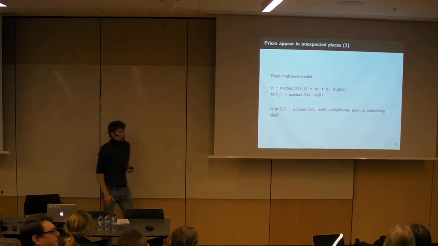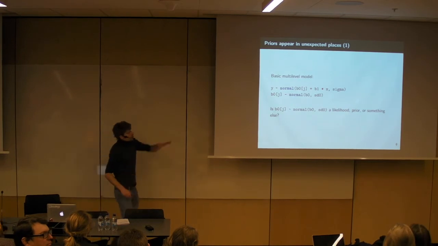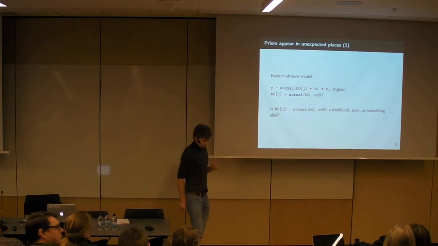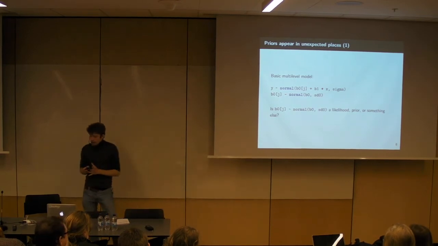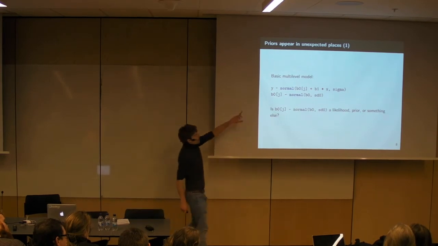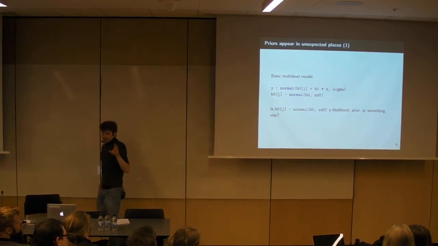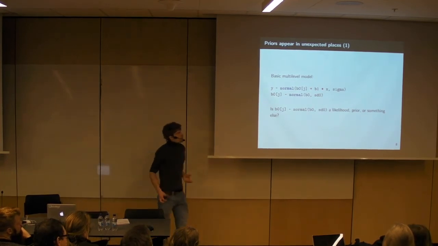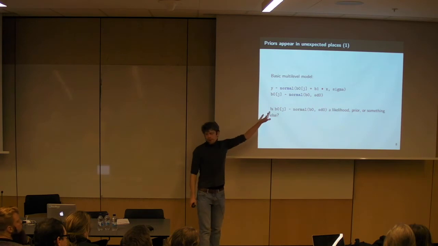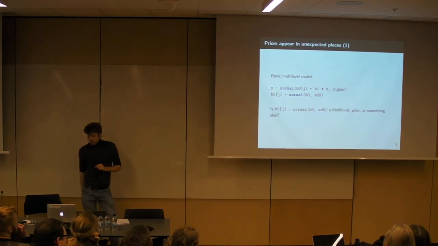And priors also appear in some unexpected places. So this is the basic multi-level model. Think of it as just a standard classical, frequentist multi-level model. We have some data y, which is distributed normally around some intercept b0, but this intercept is not common across all observations, it depends on, say, the person j, so it's the person index.